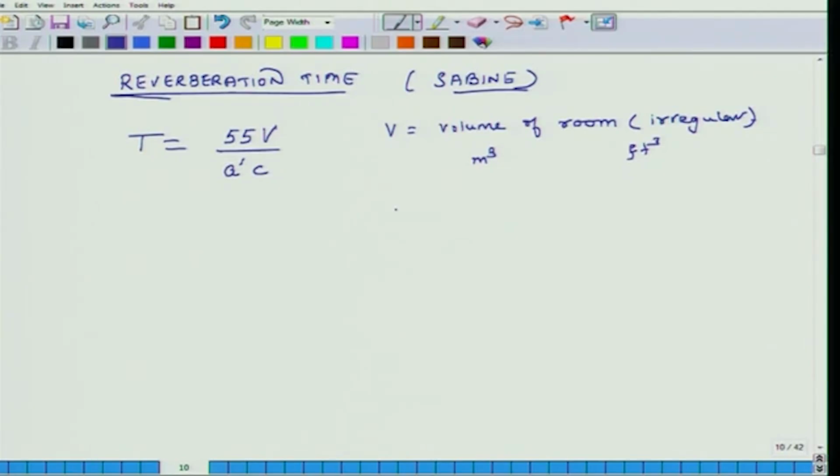Then you have A prime, and this is some constant, and it depends on the room. We will figure out how to calculate this constant, but at least for the context of this lecture we will just keep it at that.